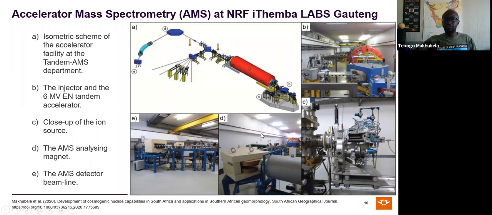Maybe some of you are able to see from the photos, but just to give you an idea of how gigantic it is, I think that is about 15 to 20 meters long, or closer to about 10 meters, if not more. That's how gigantic this system is. And this is based on the 6 megavolt tandem accelerator, which was recently improved at the NRF iThemba Labs.